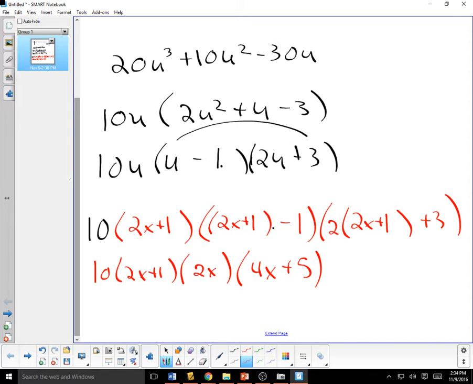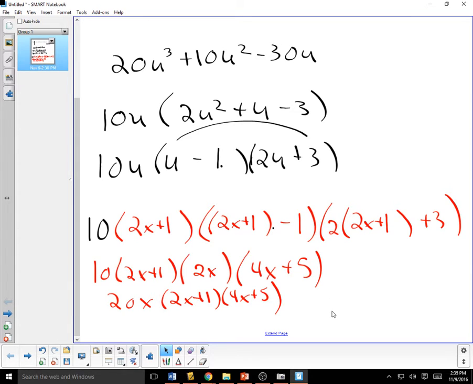Everyone see that? And I can say, I can combine this one and this one, right? Wouldn't that be just easier to do? 10 times 2x, so I would call that 20x, 2x plus 1, 4x plus 5. Look at that. Is it the same thing as the other? It's exactly the same thing as we did last time.